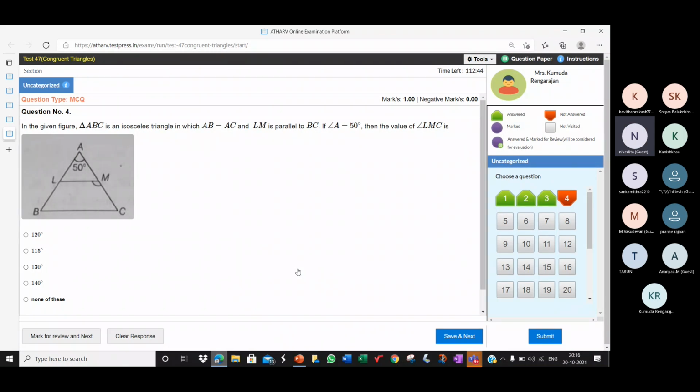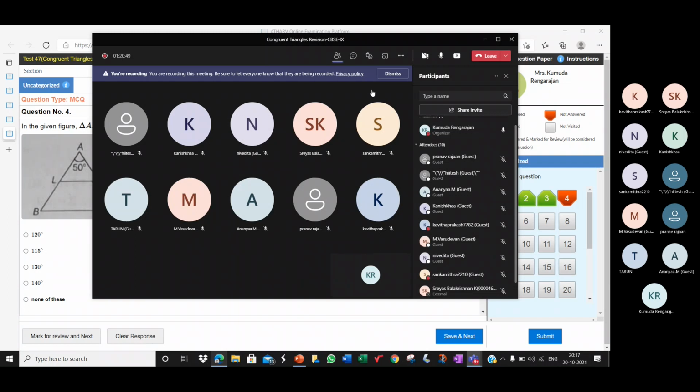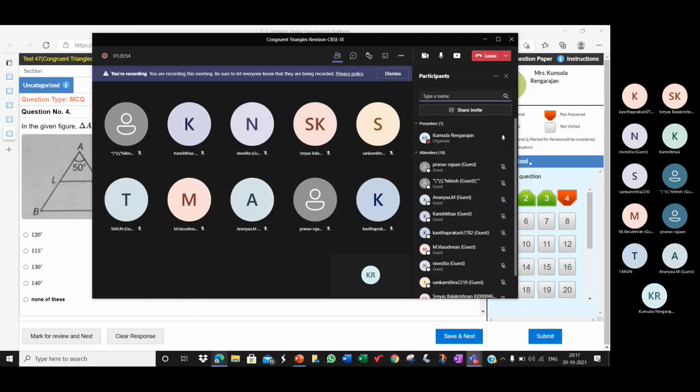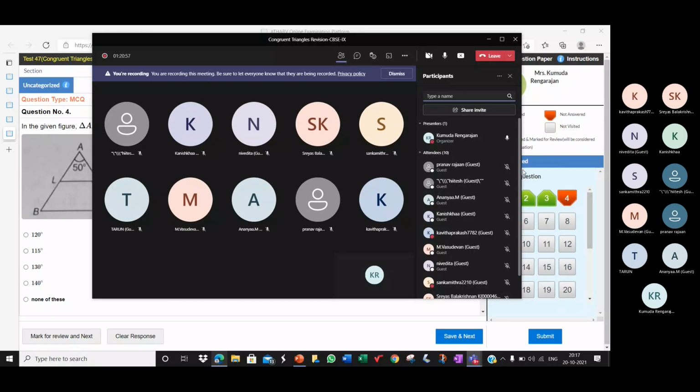Angle LMC is 130, ma'am. Okay, let's see. Yes, children, I want all of you to participate. Class, use the emoji, raise your hand.